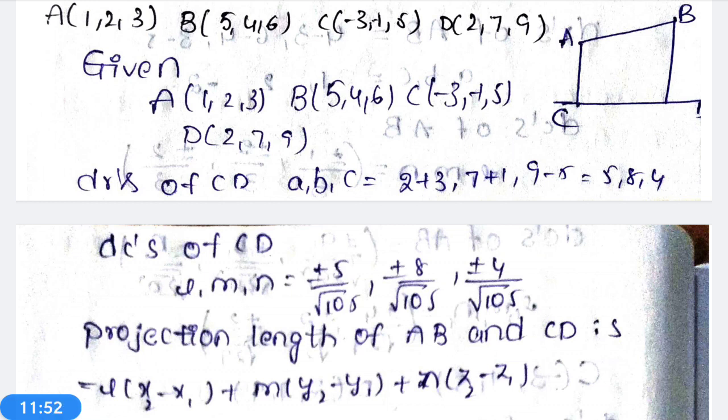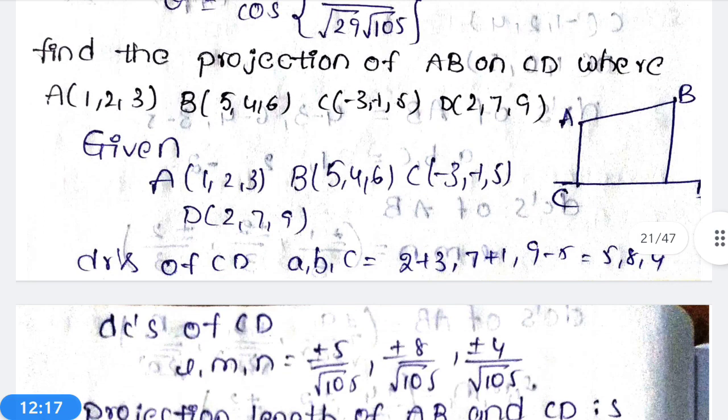What are DRs of CD? C is (-3, -1, 5), D is (2, 7, 9).